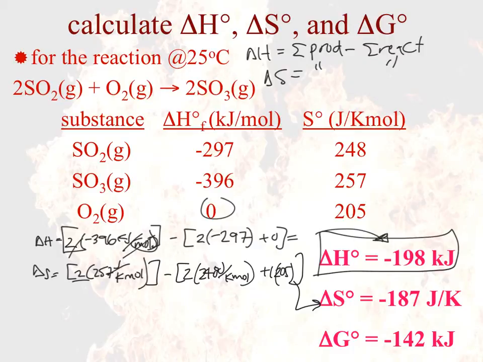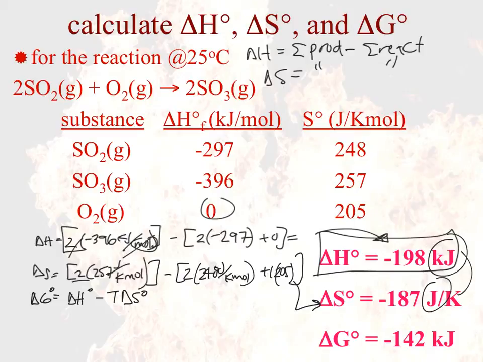Okay, so now we need to utilize these 2 values in order to calculate our delta G. Now remember, delta G is calculated by using our delta H minus T delta S. Okay, now there's a few things that we need to consider before we just plug the numbers in. First, we need to consider units. Notice we have kilojoules here and joules there.